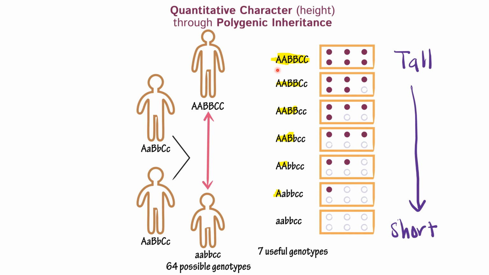If all the alleles are dominant, the person might be very tall. If only one allele is recessive, the person will be shorter, and if more are recessive, the person becomes shorter and shorter, to the shortest. So the contribution of these alleles gives the trait of a person, either tall or short.